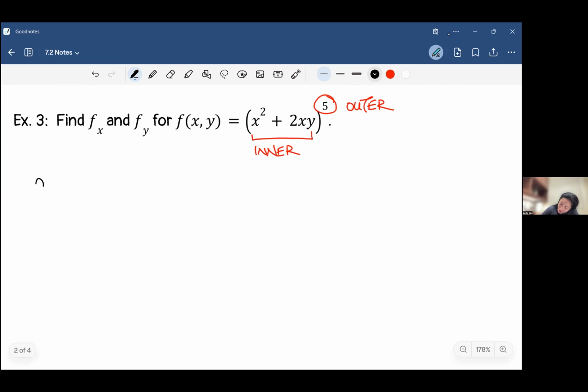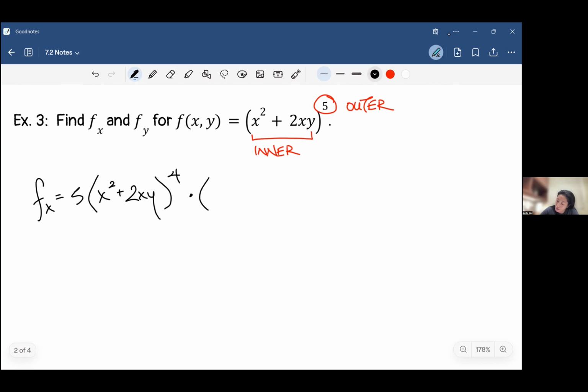So let's find our fx. All right, derivative of the outer function first. 5 times, keep the inside the same, to the 5 minus 1 power, or 4 power, times the derivative of the inside, but we're only treating x like a variable.